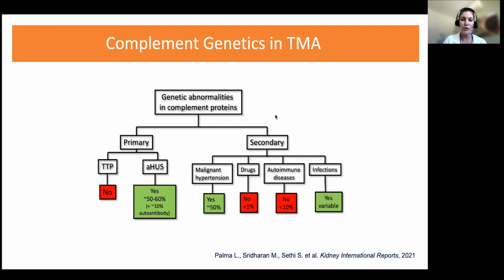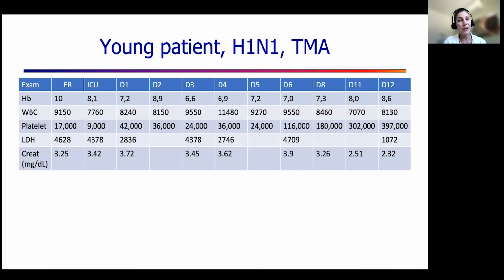When you have a patient with a secondary TMA due to malignant hypertension, there is a high chance that this patient has a positive genetic finding for aHUS. This also may happen with infection, since the infection may be the trigger of aHUS. Nevertheless, when you have drugs or autoimmune diseases, the chances of having a genetic defect there or a positive panel finding are much smaller. This may have implications for the treatment.